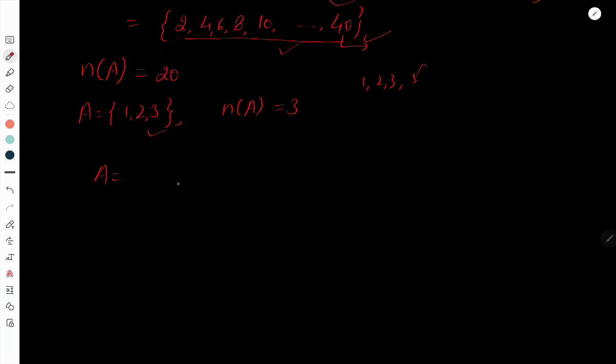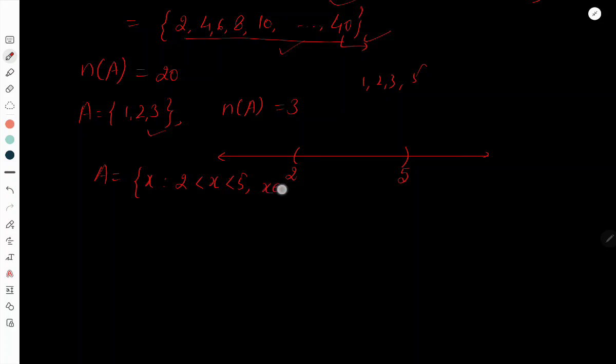If I am writing a set, let's say I take a number line here, and I say you have to take numbers greater than 2 and less than 5. So meaning you are taking A equals {x such that x belongs to real numbers, x greater than 2 and less than 5}.